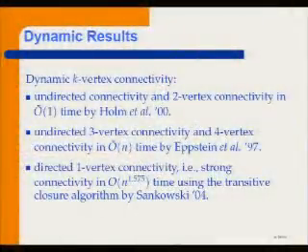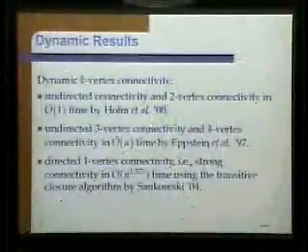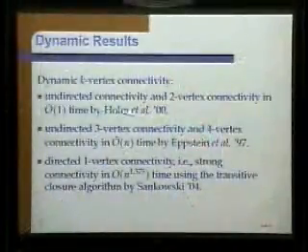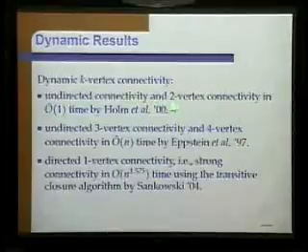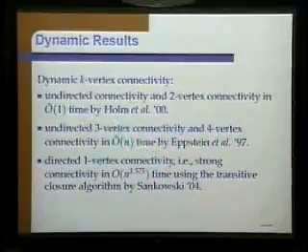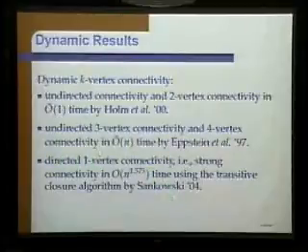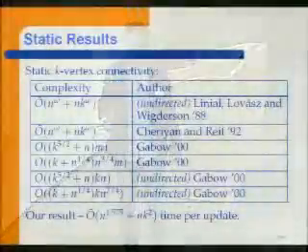And for dynamic vertex connectivity, there were just a few algorithms known, like one constant polylogarithmic time algorithm for undirected connectivity and two-vertex connectivity. Three-vertex and four-vertex connectivity can be done in linear time, and directed one-vertex connectivity can be solved by just the transitive closure algorithm.